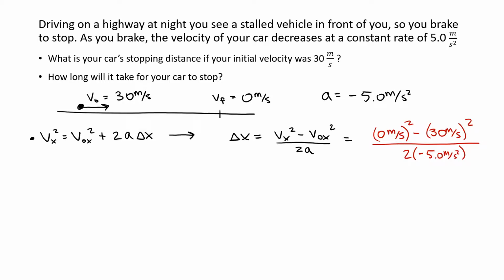If anyone has a calculator, that would be great. So what do we have? We have 900 over negative 900 over 10. What's 90? So 90, right. And we have a negative over a negative, so our final answer is positive. 90 meters.